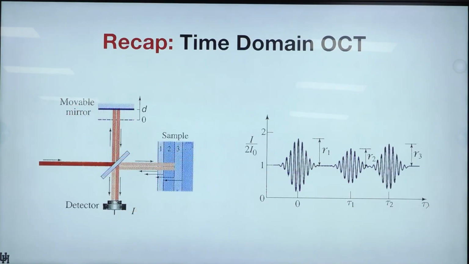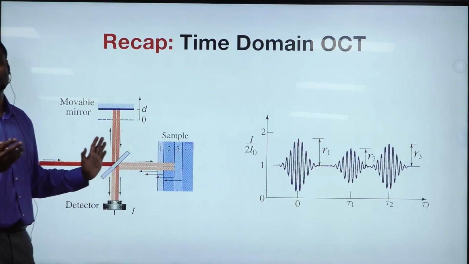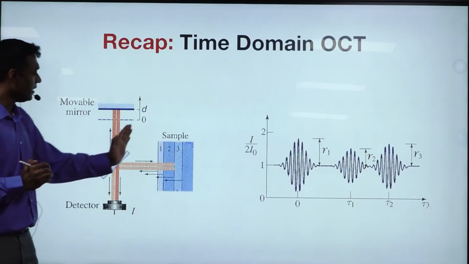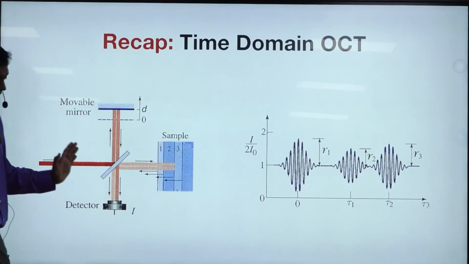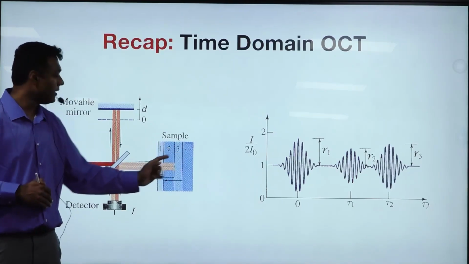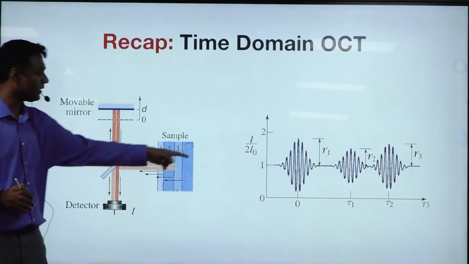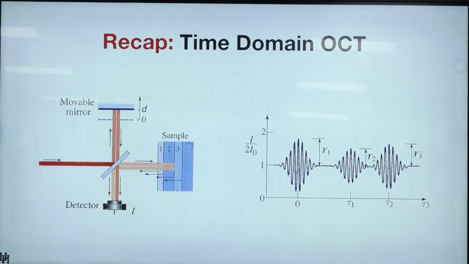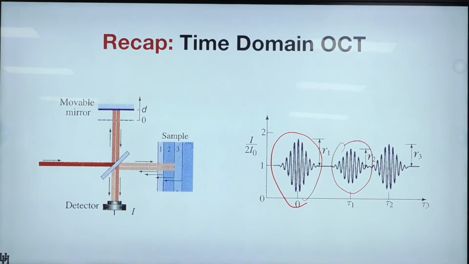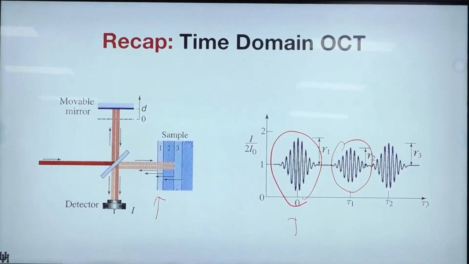Instead of there being one reflection or scattering event inside the sample, if you have multiple layers of tissue, then from each layer you get this kind of interference pattern. At one location you get one interference pattern, at another location you get another.